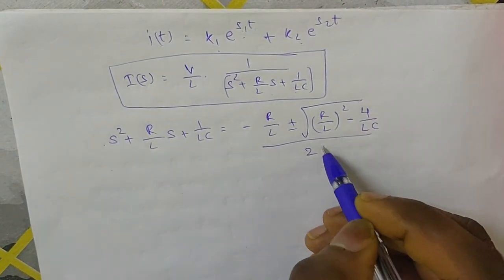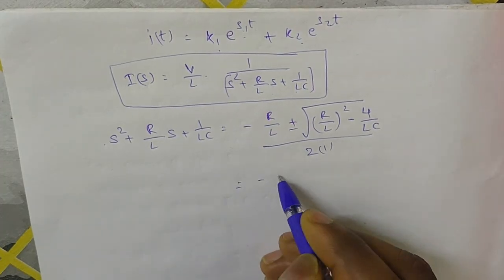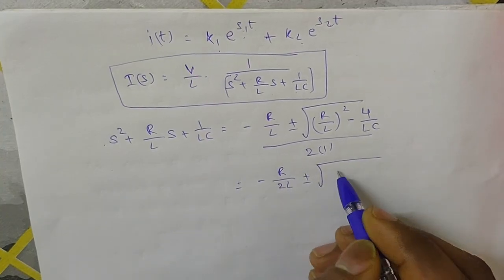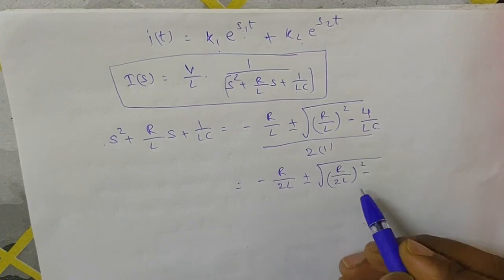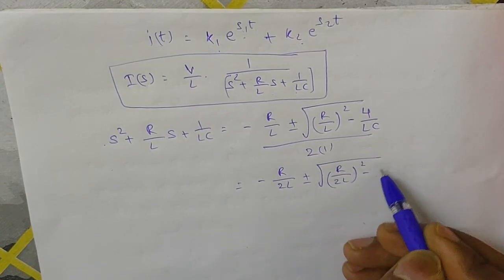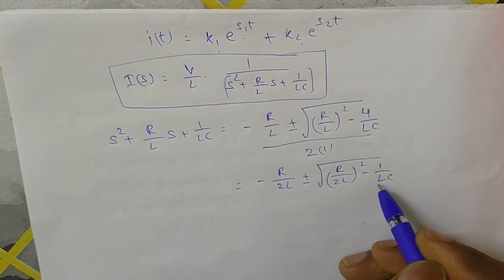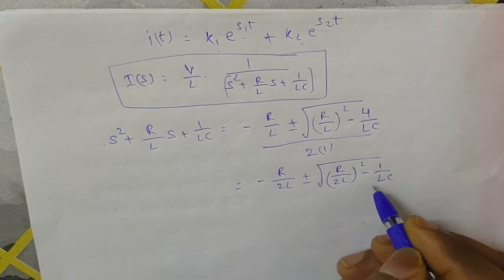A is 1, so 2. Now we can simply write this as R by 2L plus or minus under root of R by 2L whole square minus, if you multiply 2 inside then 4 cancels out, 1 by LC. We can write it as root and square.